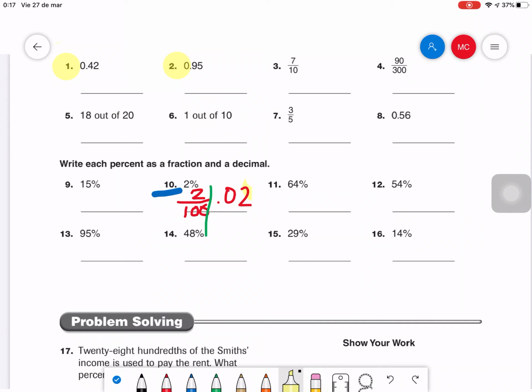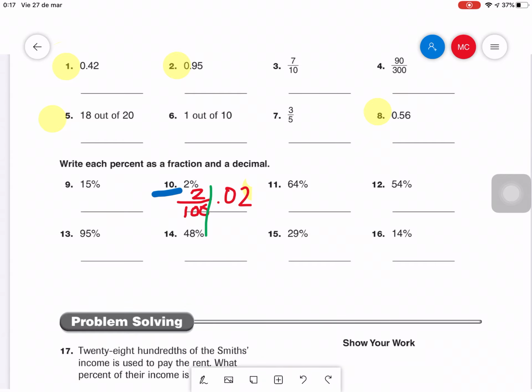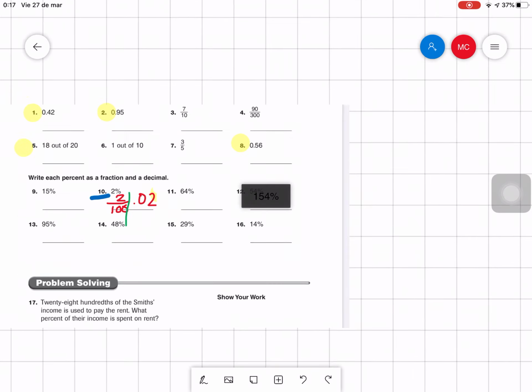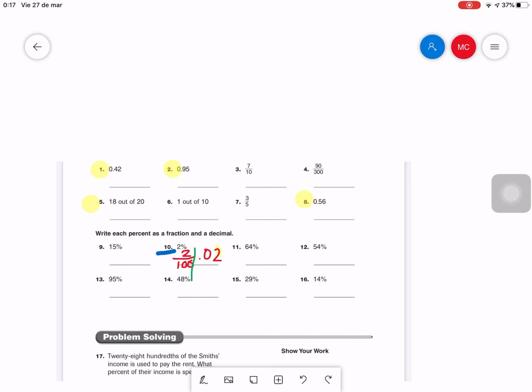This is simple. This is like yesterday's activity. All those 4 are simple to be converted into a percent. But let's pay attention and work together to solve 3, 4, 6, and 7.